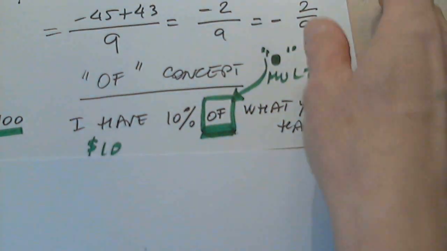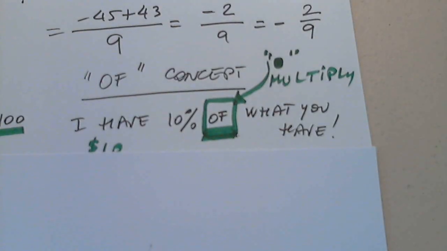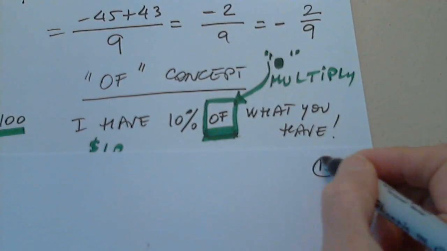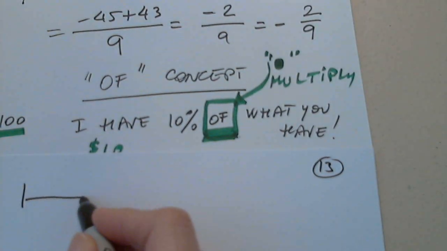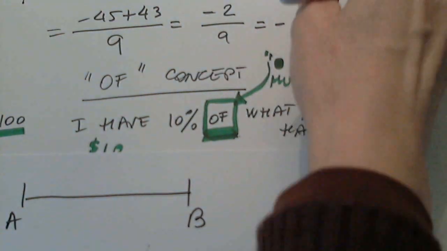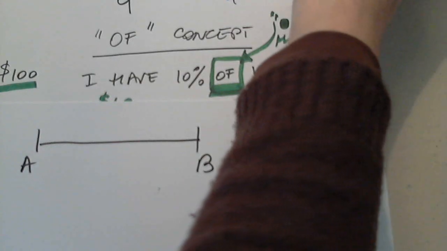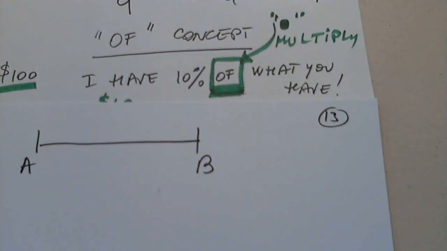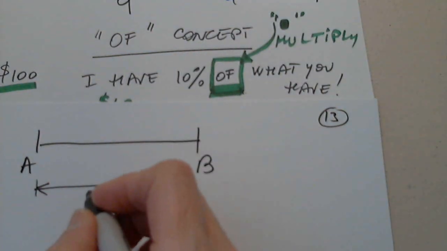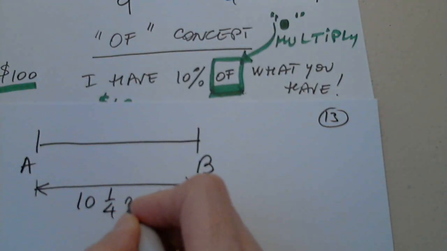So now, here is a situation. Between A and B, we have a distance of 10 1/4 miles.